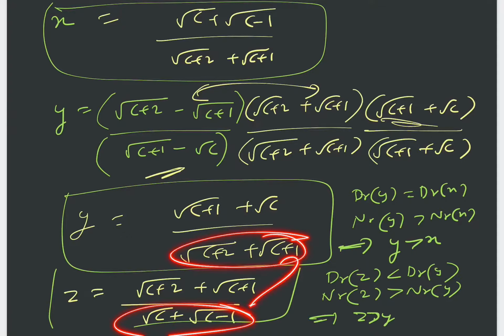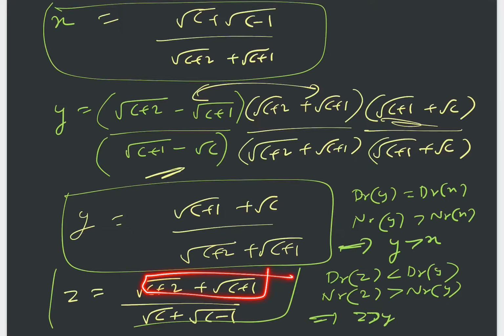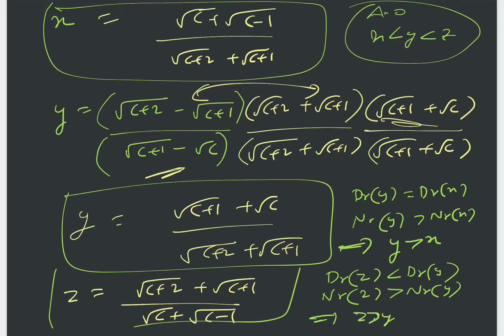And if the numerator is more, then the entire number is also more. So that is also in favor of z. So finally z is greater than y and y is greater than x. So the ascending order is x is less than y is less than z. This is the ascending order, right?